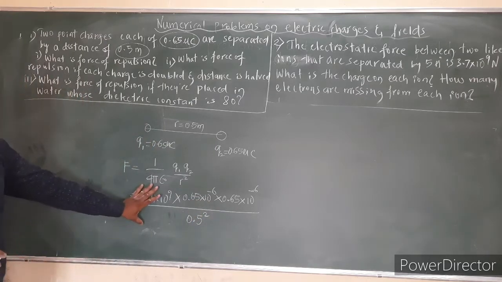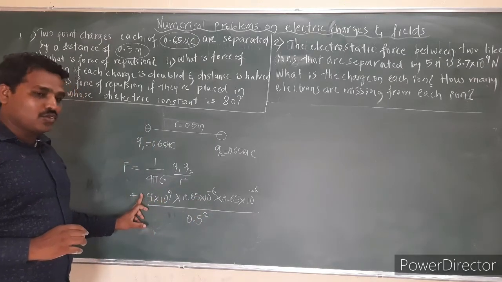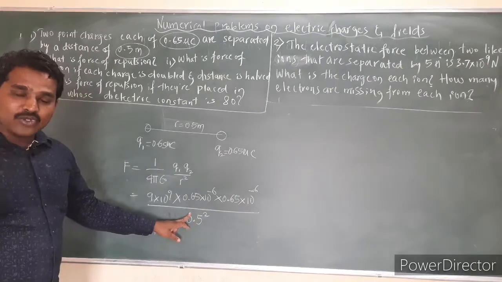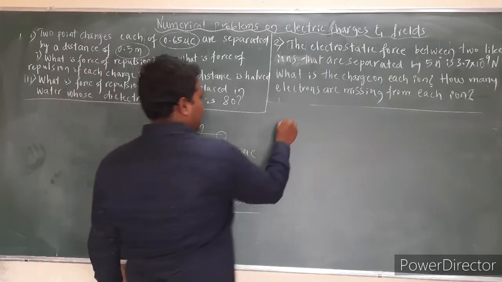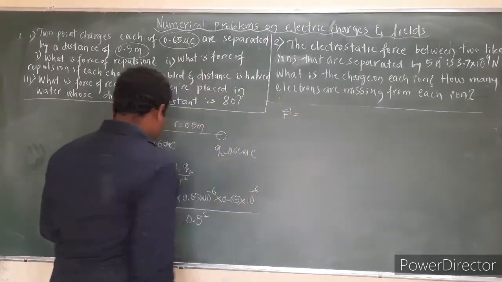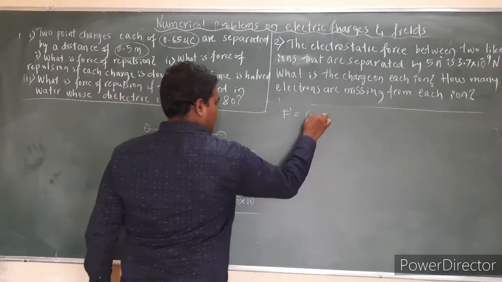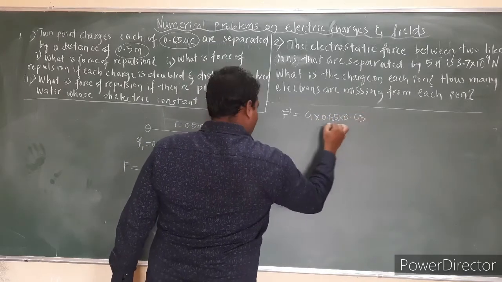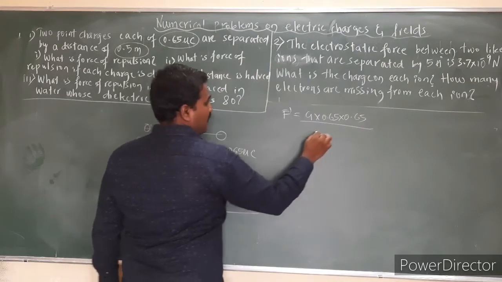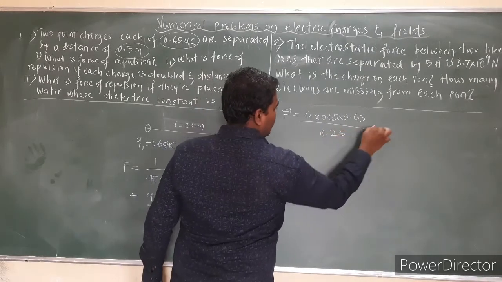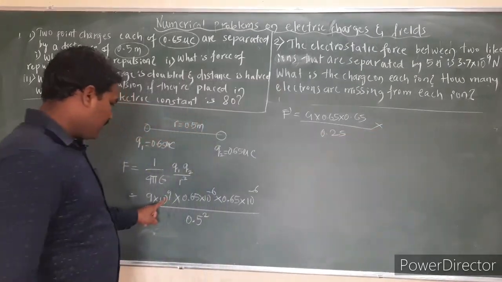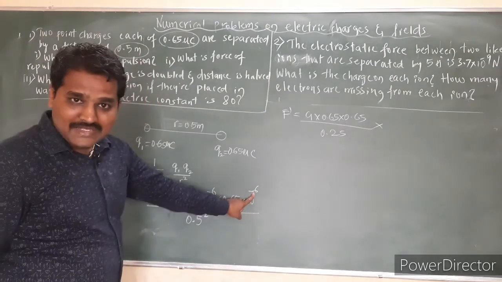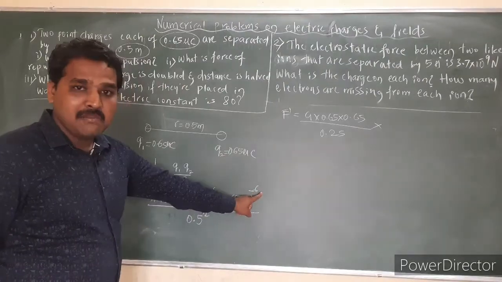So how to solve this here? First, you simplify all the numerical values and the powers of 10, which you can add later. By simplifying, I can write F equals 9 into 0.65 into 0.65 whole divided by 0.5 square, which is 0.25, into 10 raised to the power of 9 plus minus 6 plus minus 6.